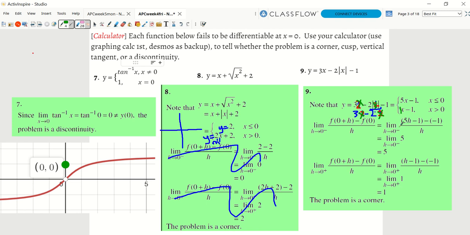Now, let's pretend it is negative here. Let's pretend it was negative 1 and negative 1. Well, you're going to get negative 3 here, and this becomes positive 1.